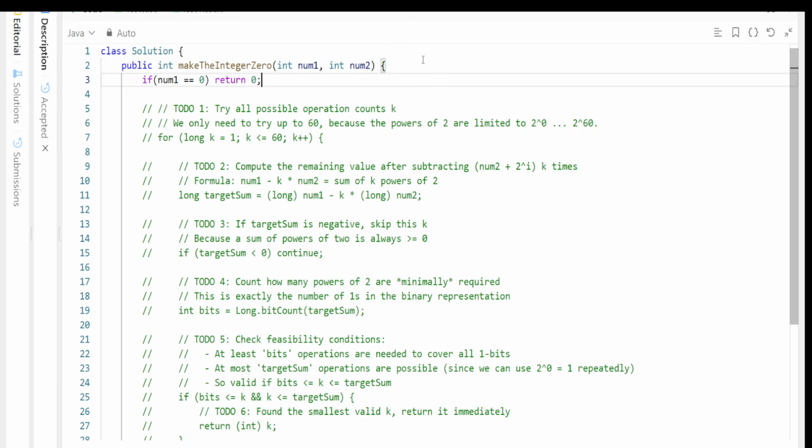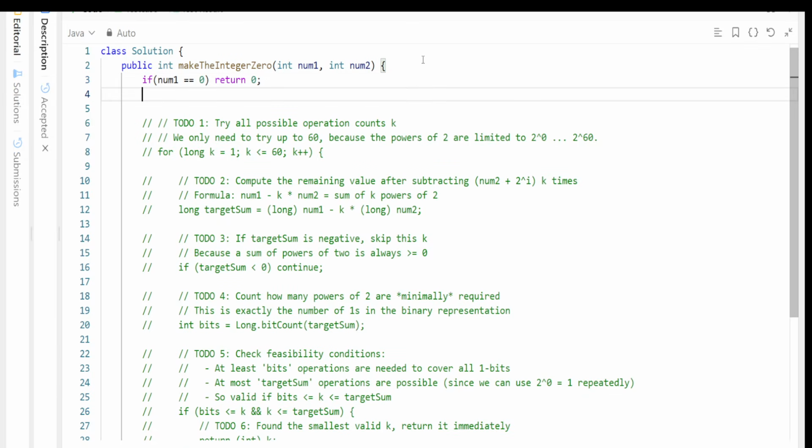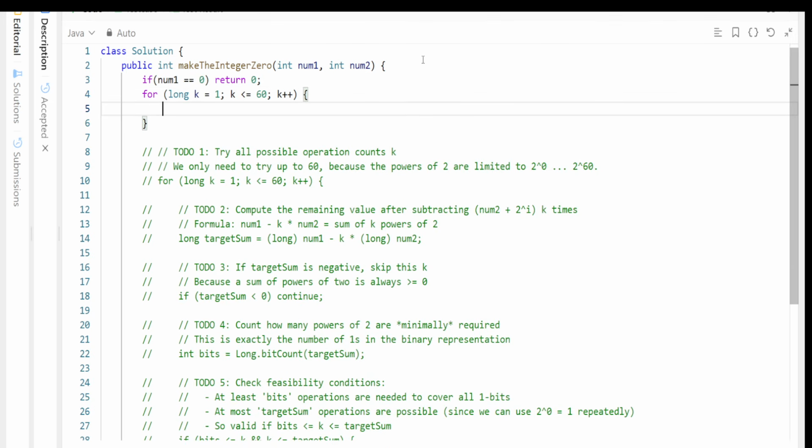Then we'll make a condition like this. We need to go through all the loops. This is not too different, just a different representation, but it will work. So for k equal to 1, up to k less than or equal to 60, we need to find the target that we have seen here.